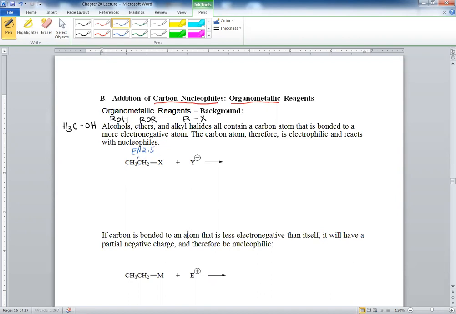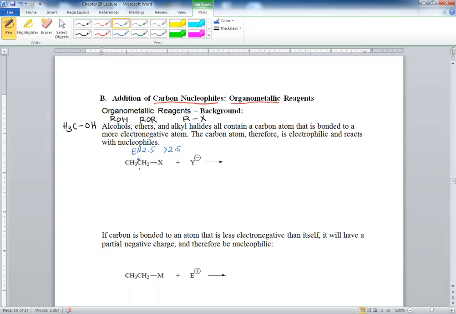So that's for carbon. For the halogen, it is greater than 2.5. Now, what does that mean? It means that electrons are being pulled toward the halogen, making the carbon less electron rich, which means it's electron poor, which is electrophilic.